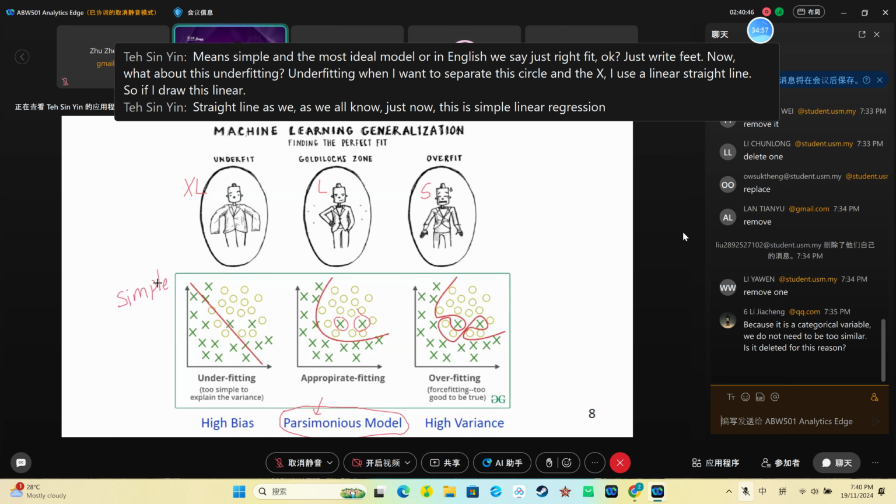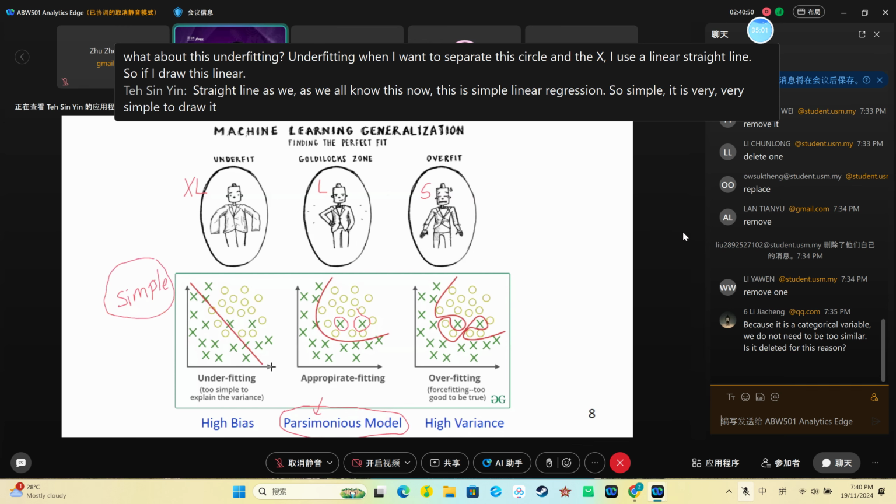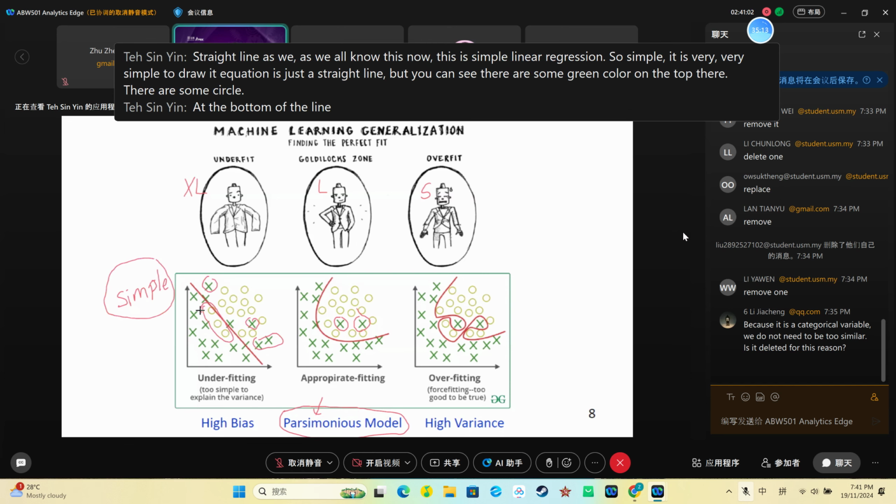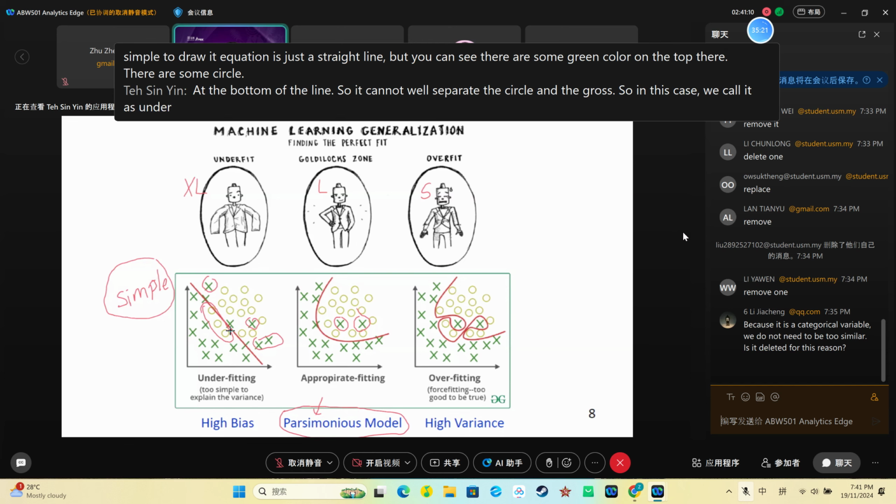It is very, very simple to draw, and the equation is just a straight line. But you can see there are some green ones on the top, and some circles at the bottom of the line. So it cannot separate the circles and the crosses well. In this case, we call it underfitting.